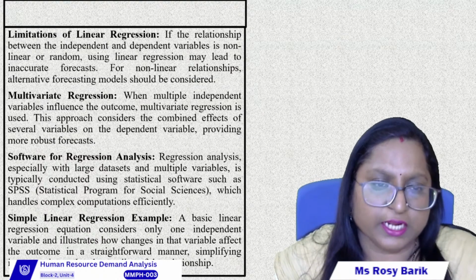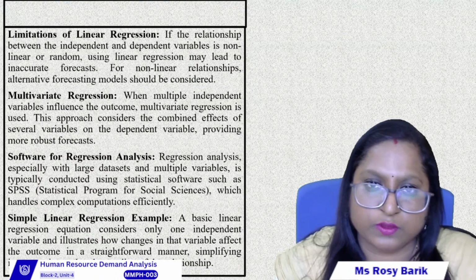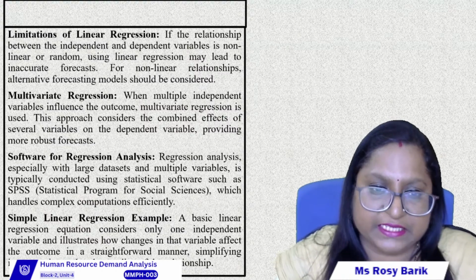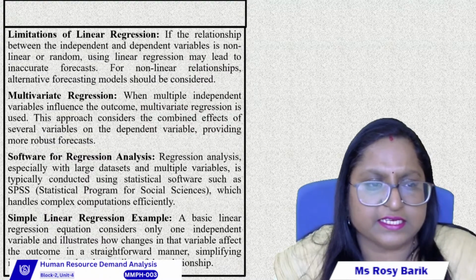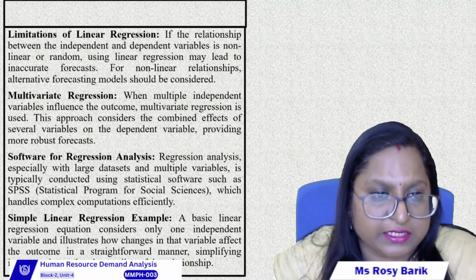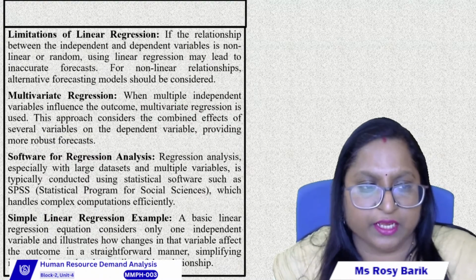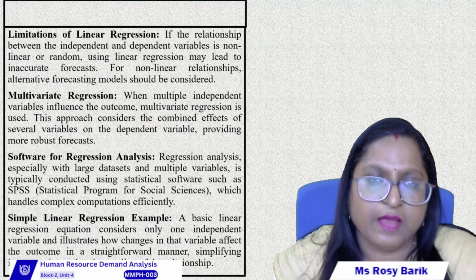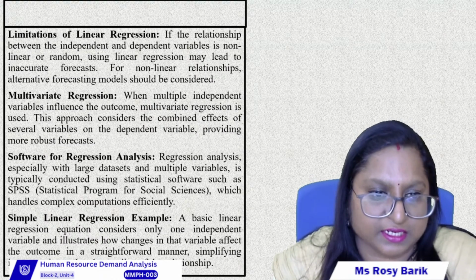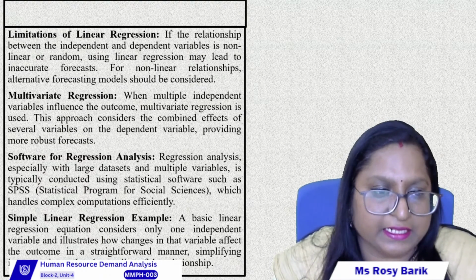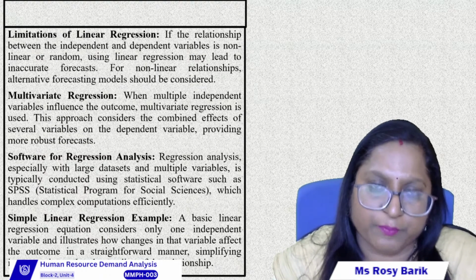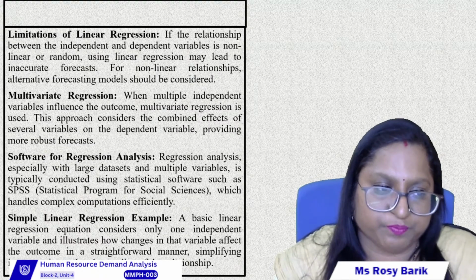Software for regression analysis: as I have already told, we can use SPSS as a tool. The regression analysis, especially with a large data set or multiple variables, is typically conducted by using SPSS, that is Statistical Package for Social Sciences, which handles the complex computation efficiently.